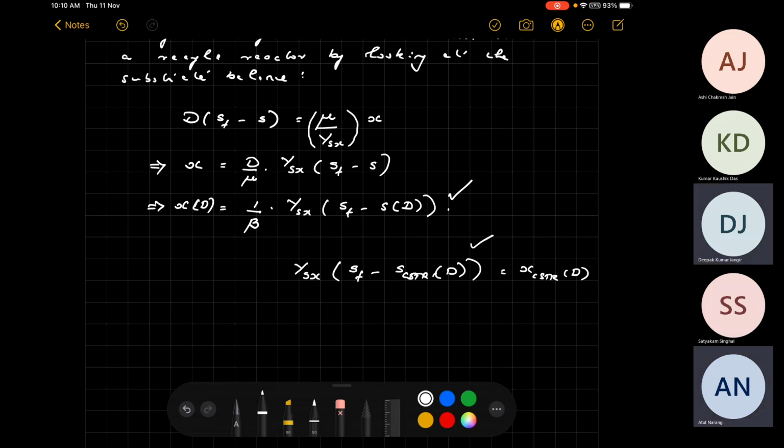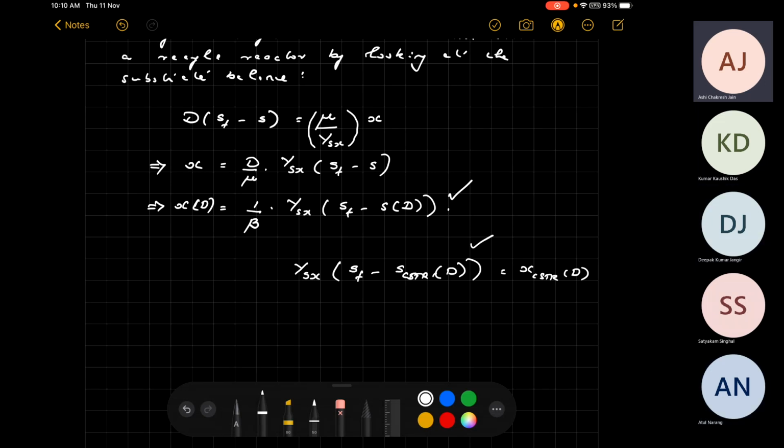No, I'm actually asking for just a mathematical answer. The substrate concentration at D is lesser in the case of the recycle reactor. So one reason is that this is obviously bigger than this.